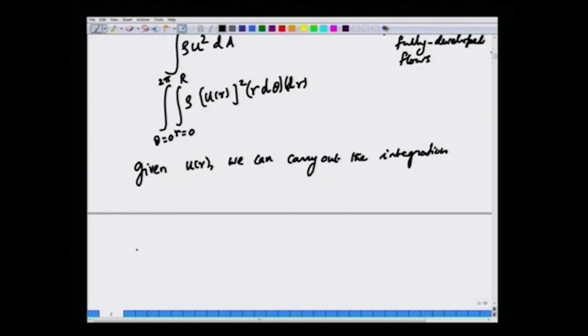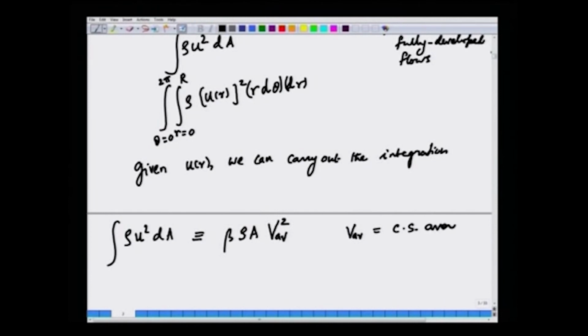Now, it will be nice, however, if we can write the integral in terms of a very simple algebraic quantity, beta rho A V average squared, where V average is the cross sectional average velocity.